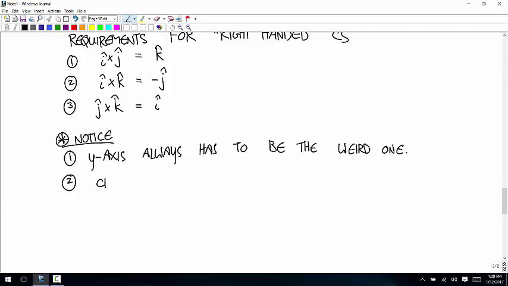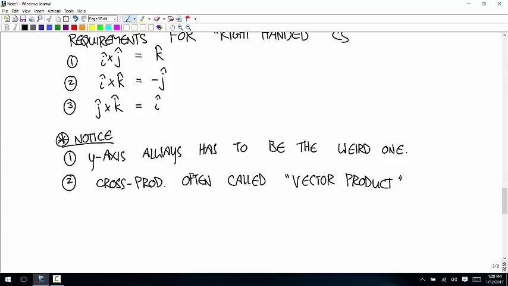Second, the cross product is often called the vector product, because the output is a vector.